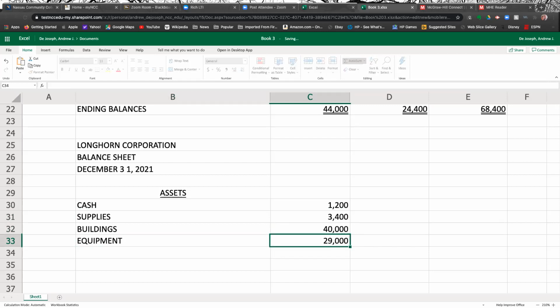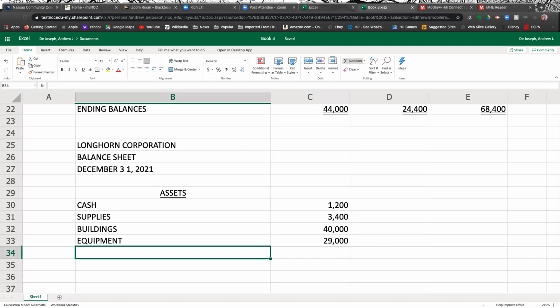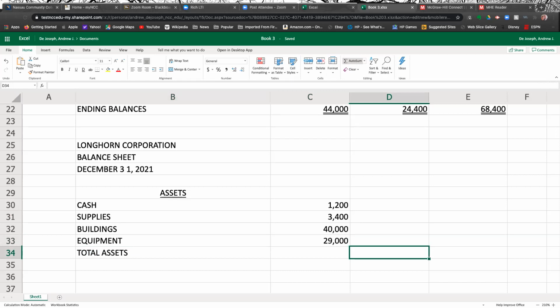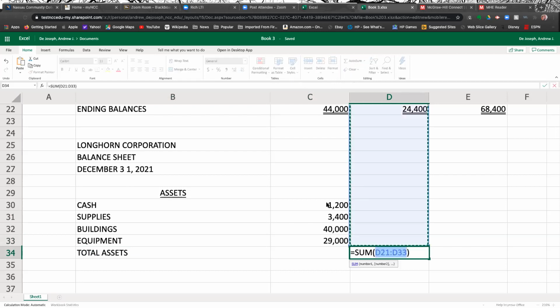All right, I think that's it. Cash, equipment. I think that's it. Okay. Total assets. All right, now I'm going to put that over here.